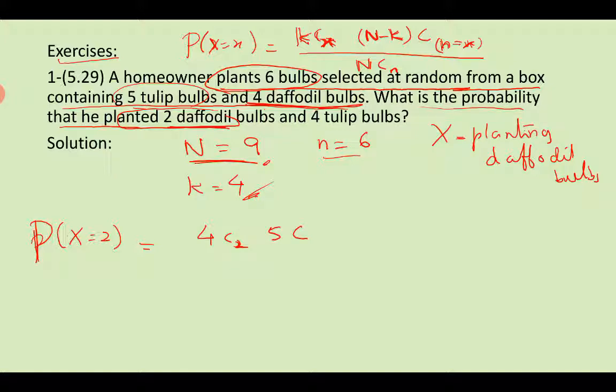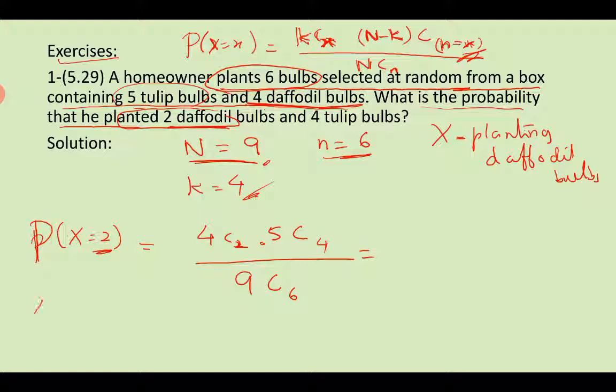N is 9, K is 4, so 5 C n minus x. Small n is 6, x is 2, 6 minus 2 is 4, isn't it? The product divided by capital N C small n, which is 9 C 6.